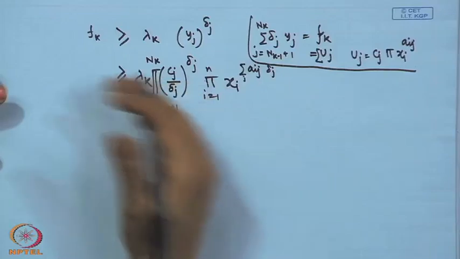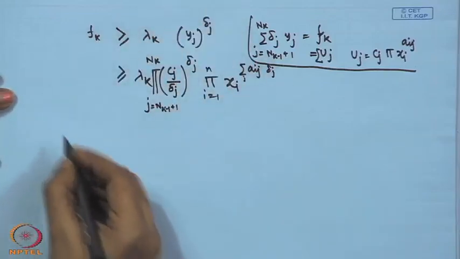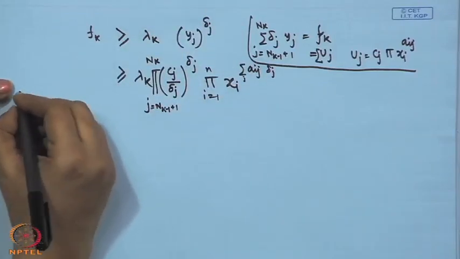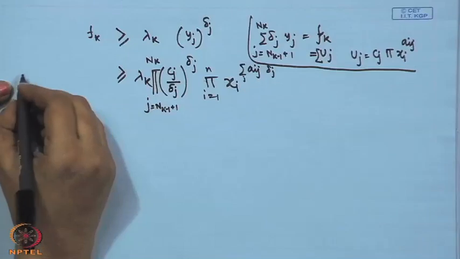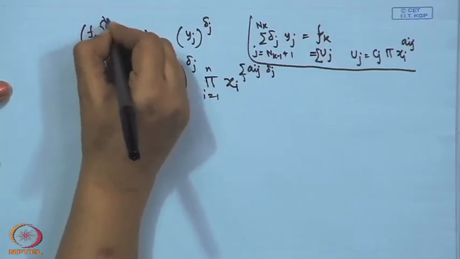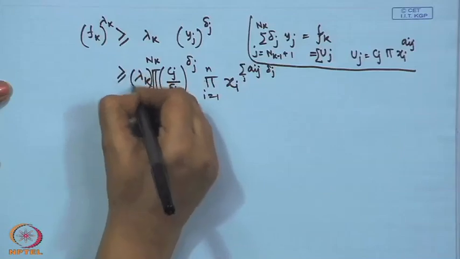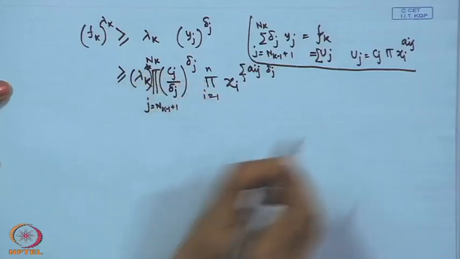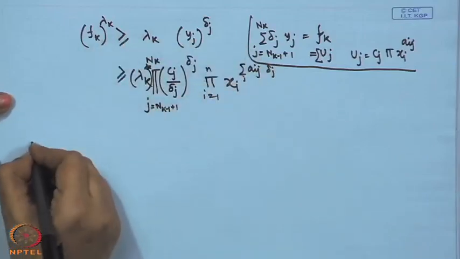Now, let us take the power on both sides. This should be lambda k, then only it works, otherwise it will not work. Let me freshly write it.